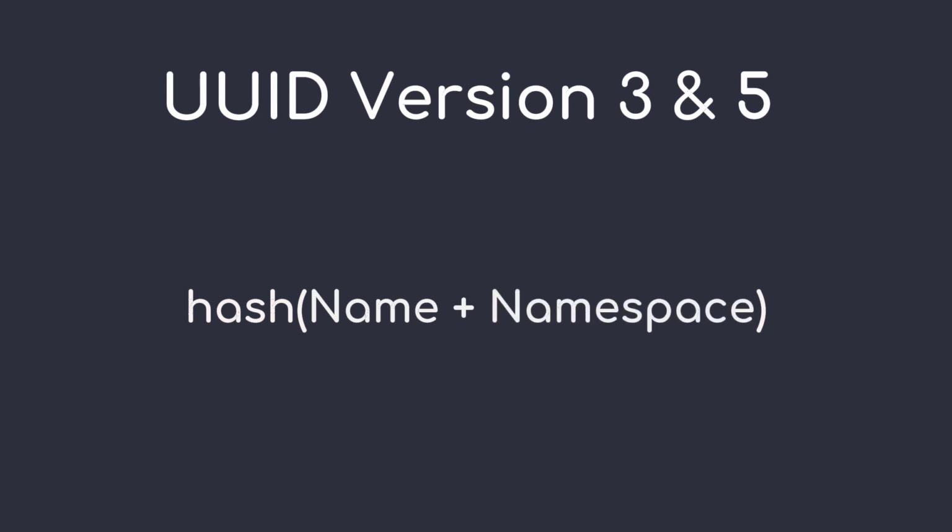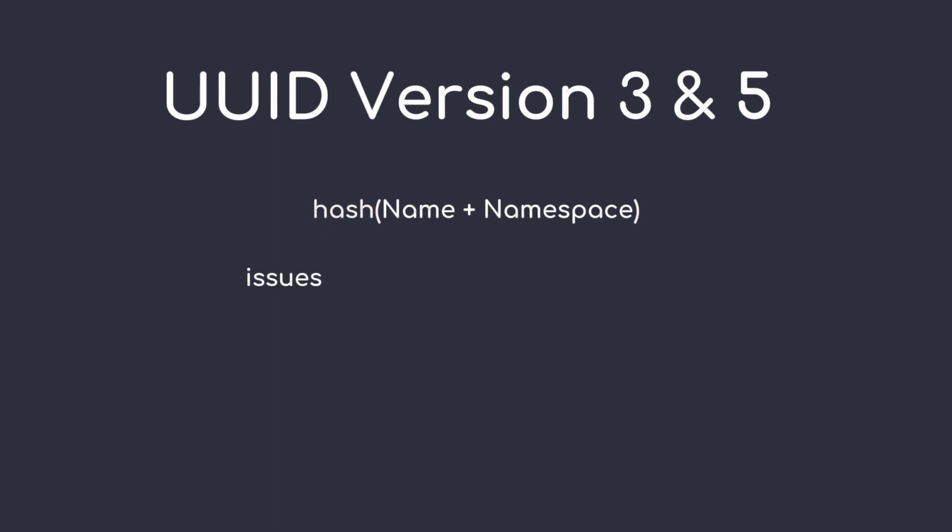Version 3 and version 5 are similar because they use hashing techniques on 2 values, name and namespace. Name is generally provided by you, and namespace is generally a UUID that is generated by other versions. This is typically used for distributed systems where you want different clients to have the same identifier for a URL.